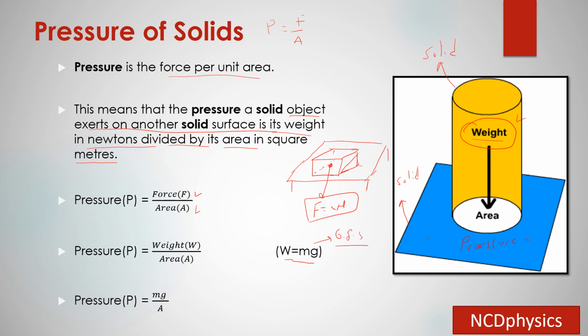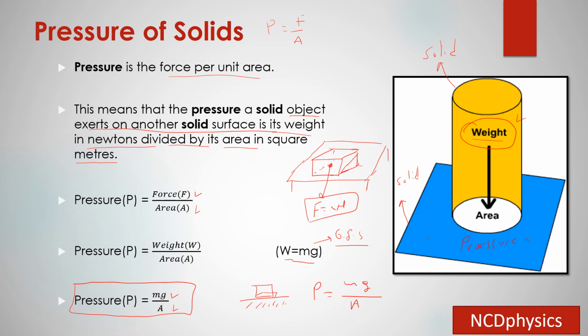Instead of the weight W, we write mg over area. So this is the formula used for a solid's pressure. Any solid placed on any surface applies a pressure, equal to mg, the weight of the object, over the surface area touching the ground or the next surface.